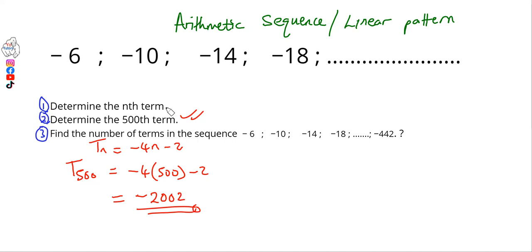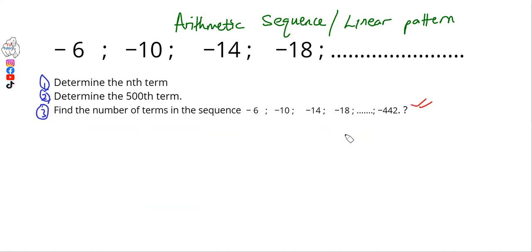Now let's move on to the next question, which is asking us to find the number of terms in this sequence. What they did here is they gave you the last term. In this case, it's our Tn that is given.